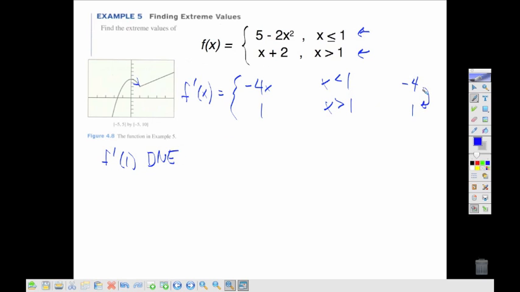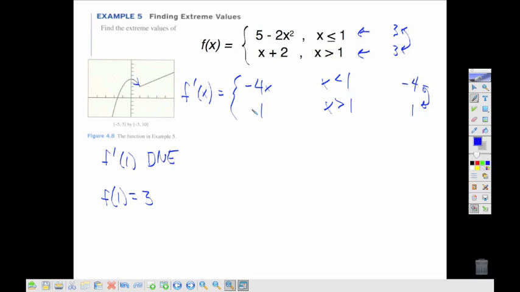If it did exist, then these two values would need to agree with each other. Now we can note, looking back at the original, if we did plug 1 into those, we would end up with 3 and 3. So the function is continuous at that point, and f of 1 is equal to 3. So that's one of my critical points, where it does not exist.